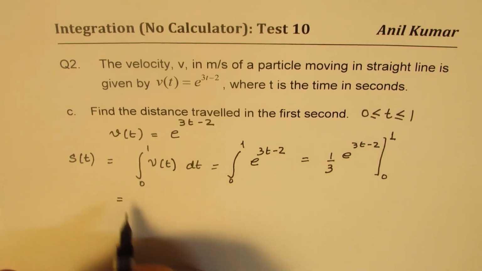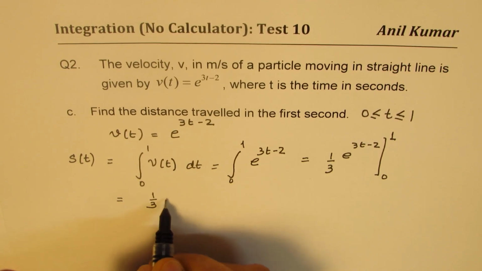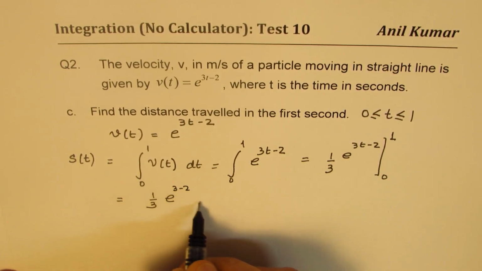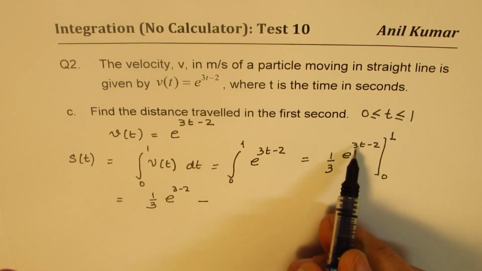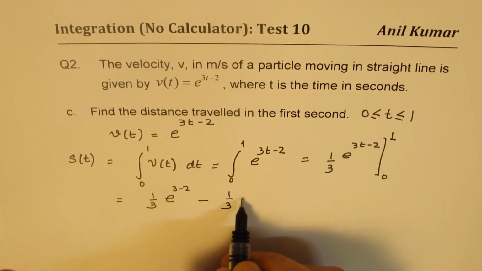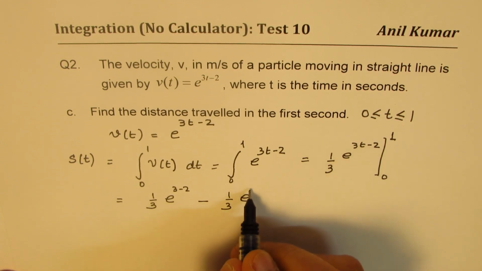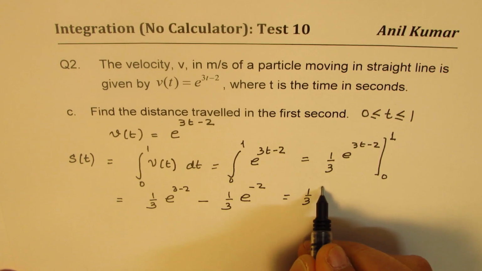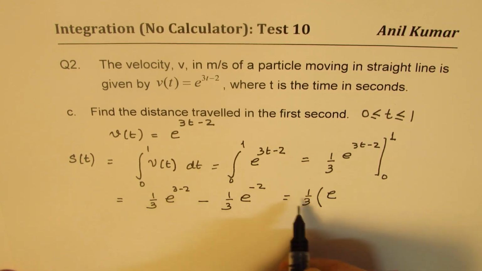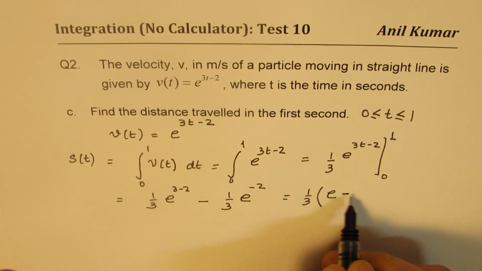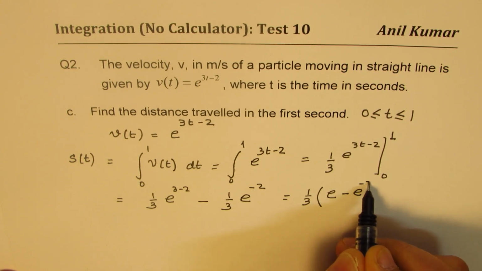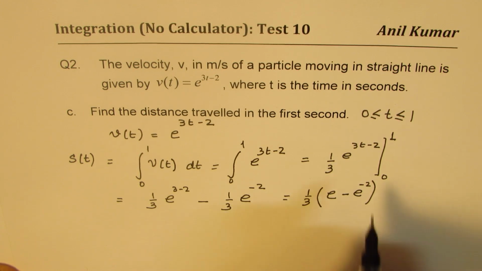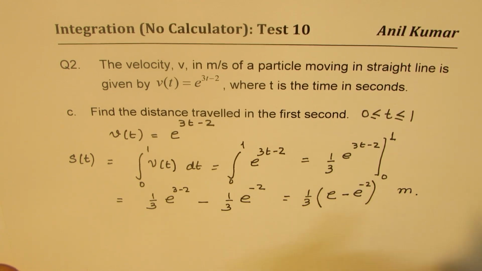So that is equal to 1/3 of e to the power of, when you put 1 here, you get 3 minus 2, minus, when you put 0 here, you get 1 over 3 e to the power of minus 2, right? So the answer here is 1 over 3 times e minus e to the power of minus 2. Correct? So that becomes the solution, and the units will be in meters.